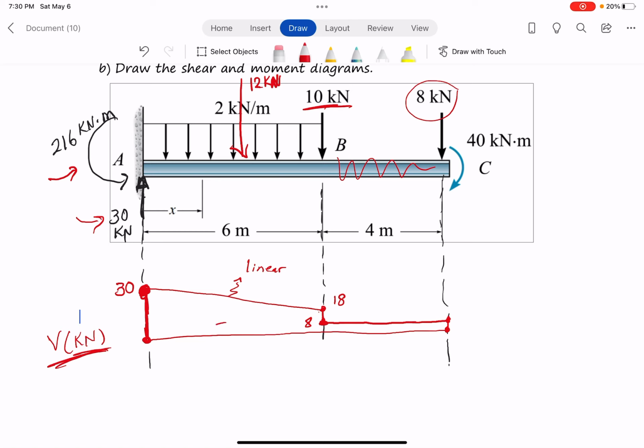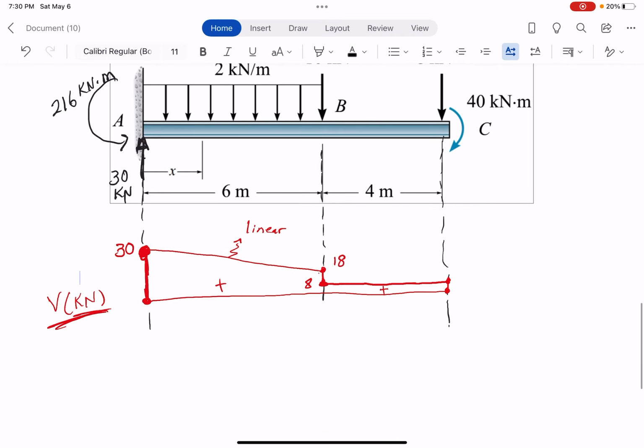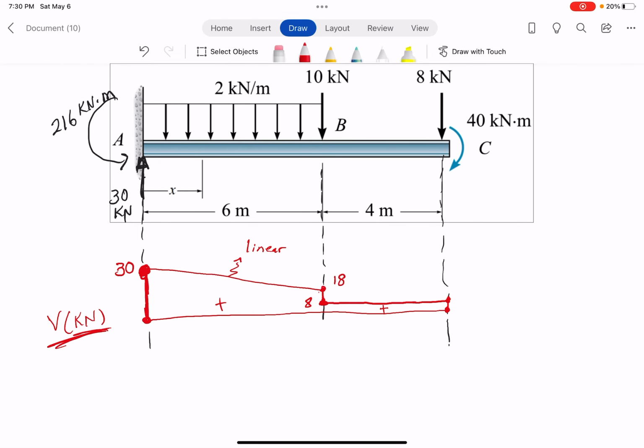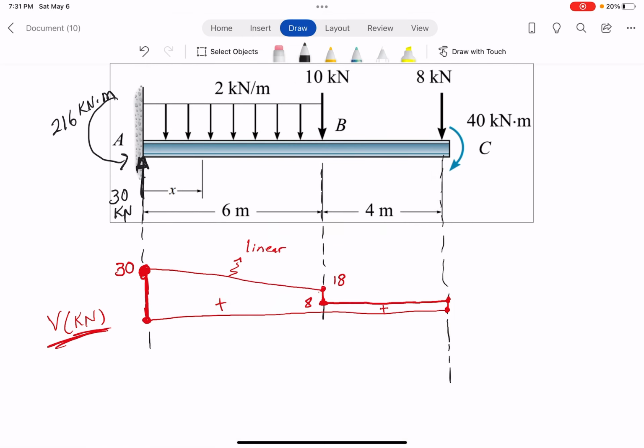You can see that the shear here is plus and the shear here is plus. Now, how could we draw the moment? So let's draw a moment diagram.